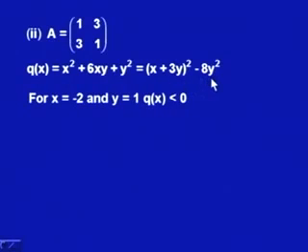One can notice that for x equal to minus 2 and y equal to 1, this term will be more than the other term, and that makes Q(x) negative. Q(x) is negative for x equal to minus 2 and y equal to 1, so this is not positive definite.